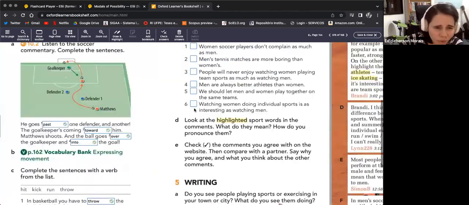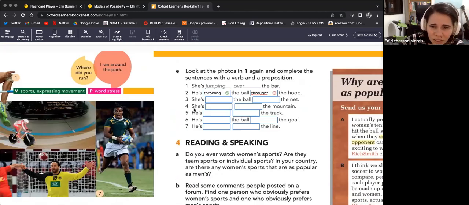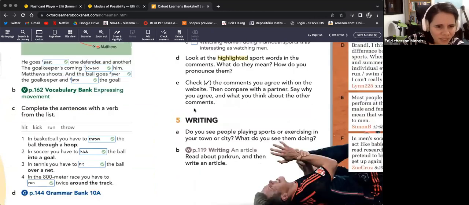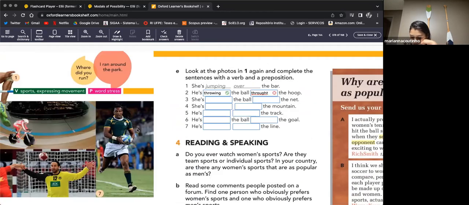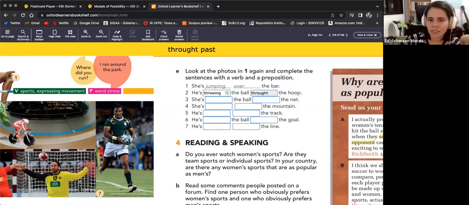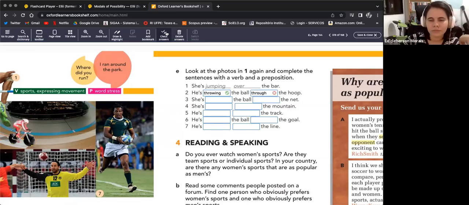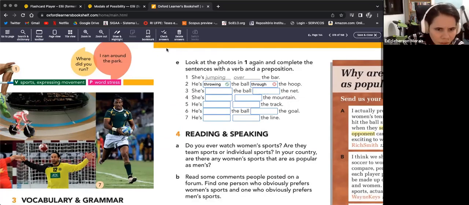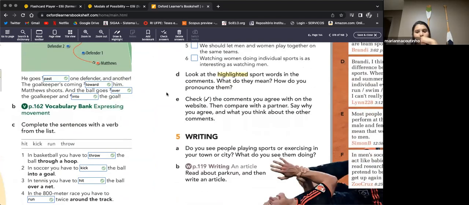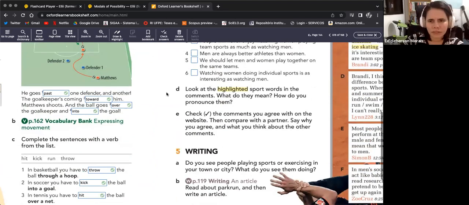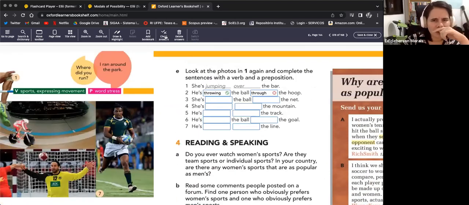It's not through. Eu escrevi certo, não escrevi? Ó, through, it's through. T-H-R. I put an E, no T. Throw. It is correct. Through a hoop. It is correct.